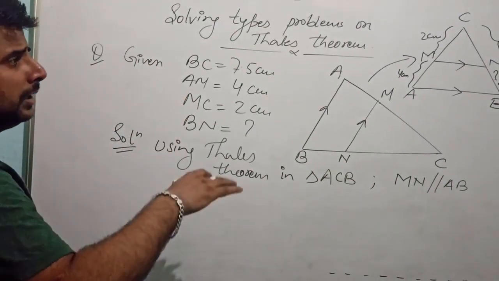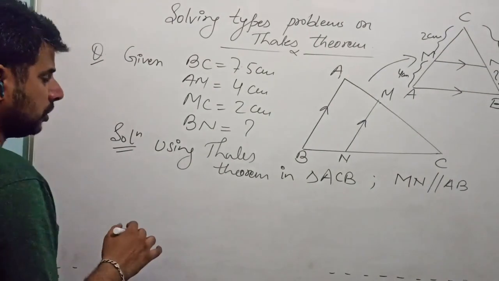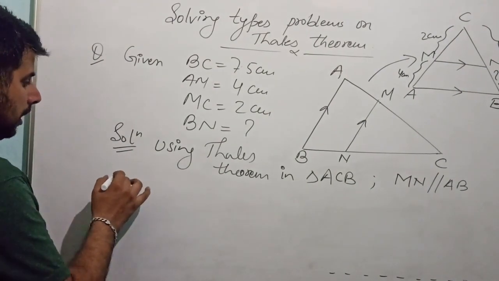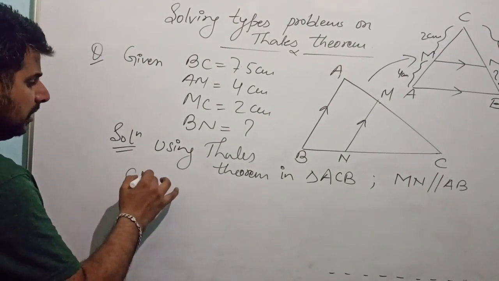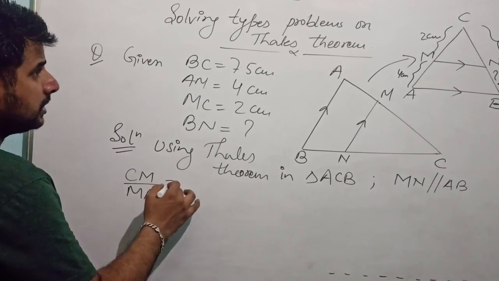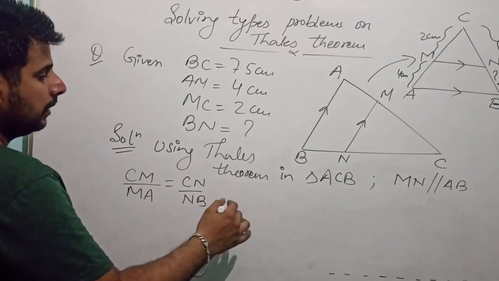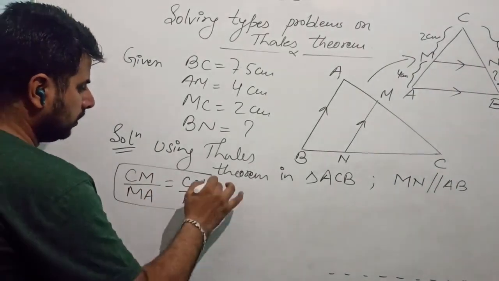Now try to apply the ratio. Try to find out the ratio. So when you make a ratio, you have the three ratios. I am writing down all. The first one will be CM upon MA is equal to CN upon MB. This is your first one.